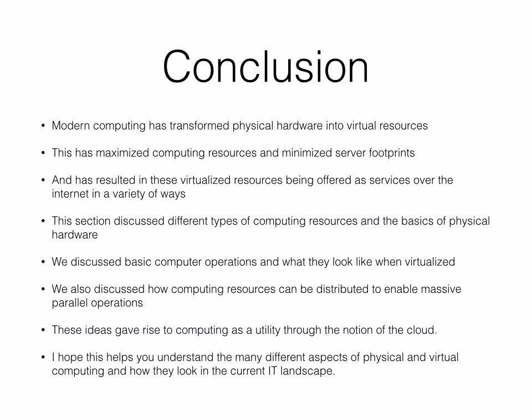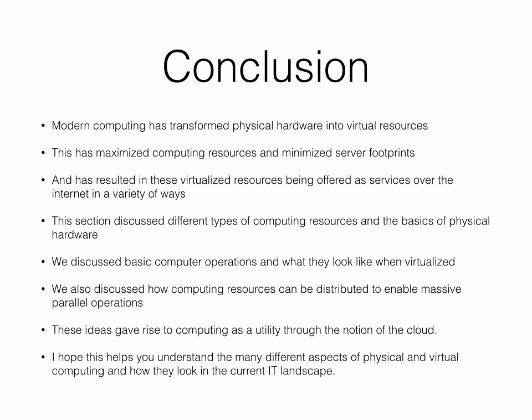Physical hardware has been virtualized, with respect to the things that get served to us, like our web applications, like our Google Drive stuff. This is maximized computing resources. It gets rid of that one-to-one relationship between operating systems and physical hardware, and also minimizes server footprints.